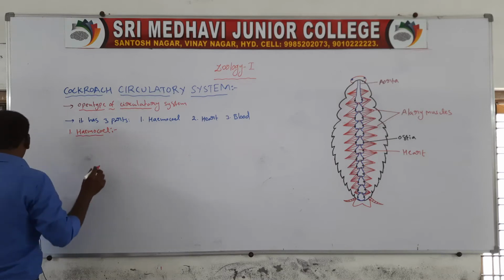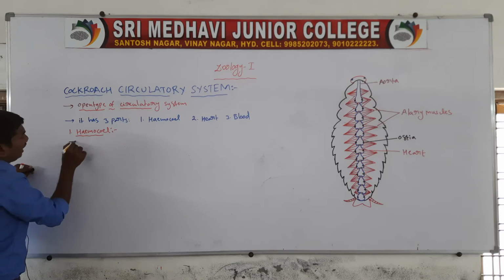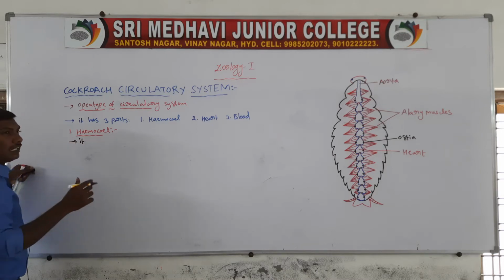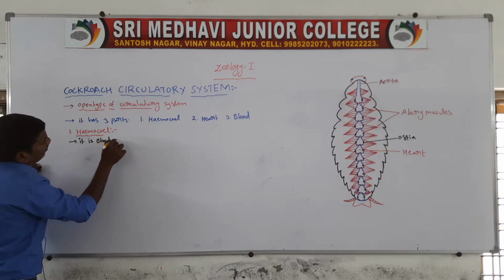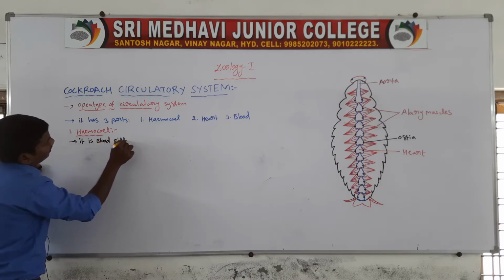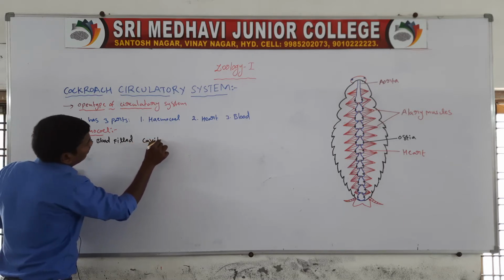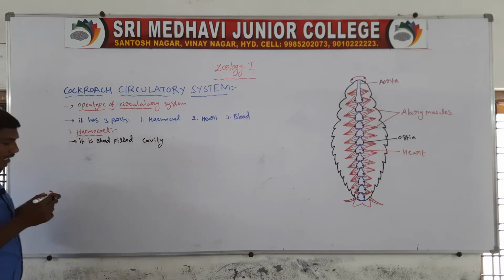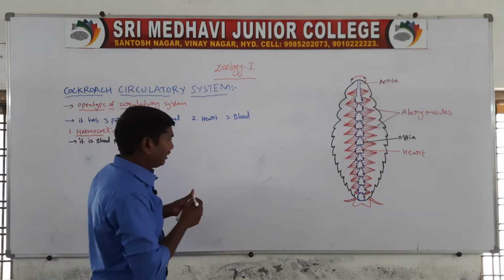First one, hemocoel. The hemocoel is a blood filled cavity. Just draw the diagram.